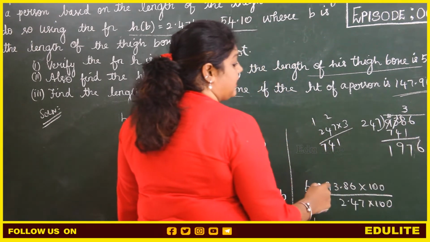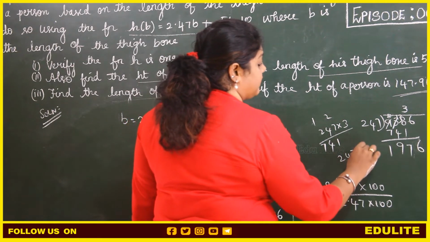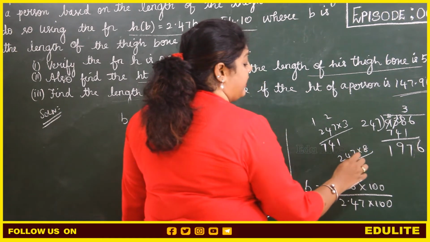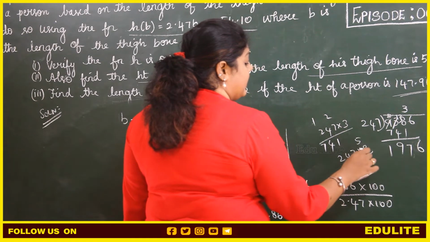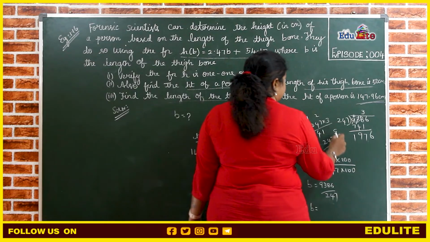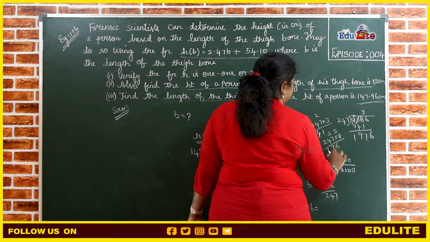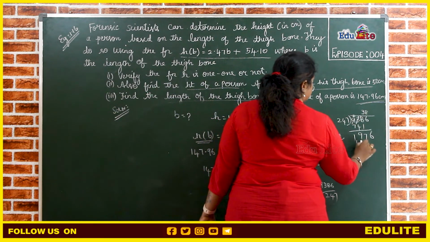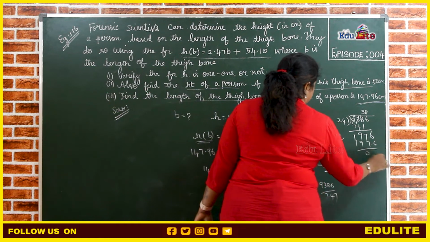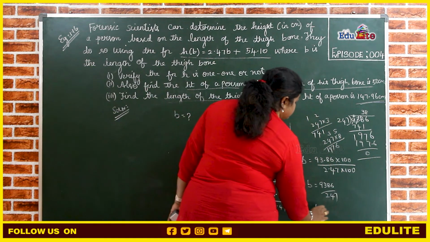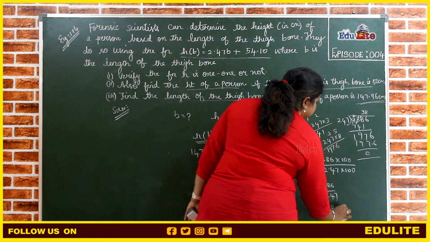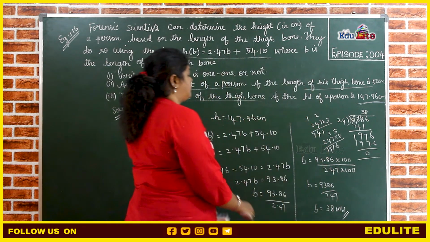Remaining 6. I'll choose 247 into 8. Therefore, 8 sevens are 56, 5, 32. 32 plus 5, 37, 3, 16, 19. So 8 times 247 is 1976. So b value equals 38 centimeters.